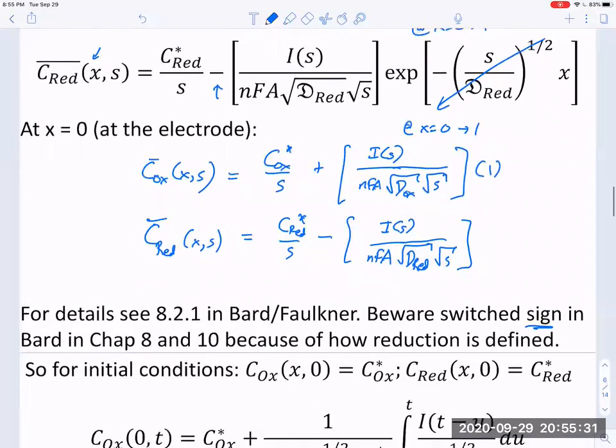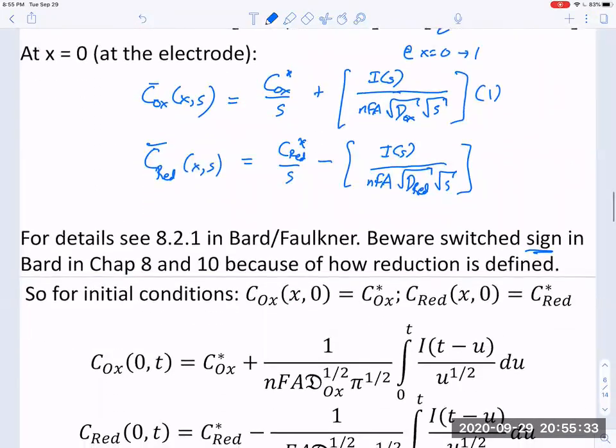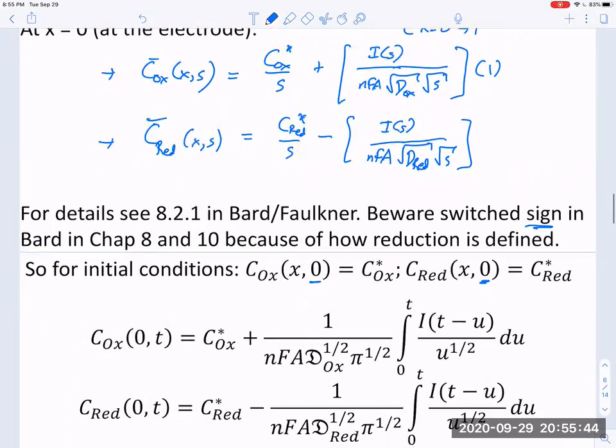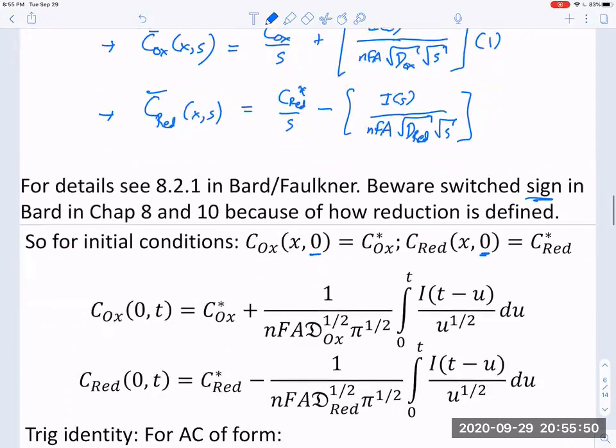So now we have this, and for a specific set of conditions, remember our initial conditions that we talked about before, at time t equals 0, we have these species. We can solve these equations, and we get the result at x equals 0, at the electrode surface, for any time, using these initial conditions and inversion by convolution to get back into time units rather than s units.